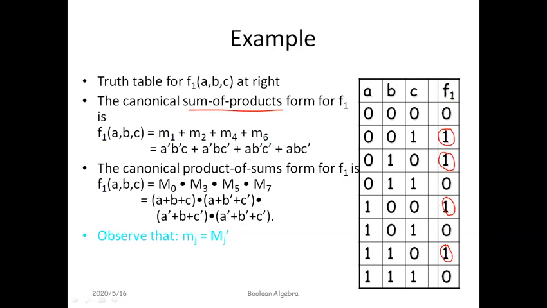So the first one is noted by M1. Then the second one on the third row is M2. Then the third one is M4, and the fourth one is M6.